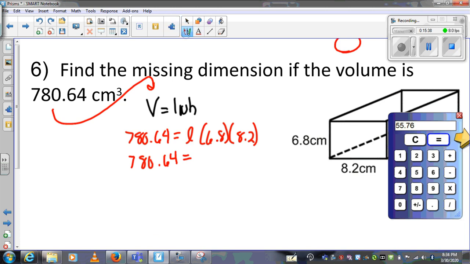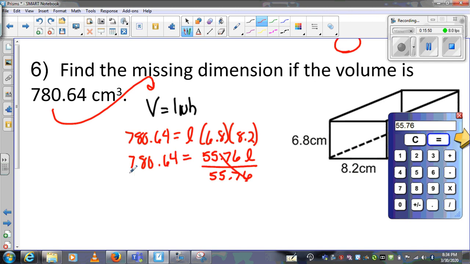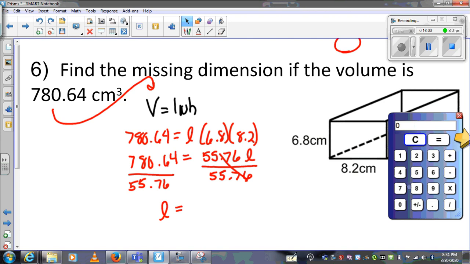55.76. So 55.76 L. Now I'm going to divide both sides so that I can get the L all by itself. So length is equal to 780.64 divided by 55.76.